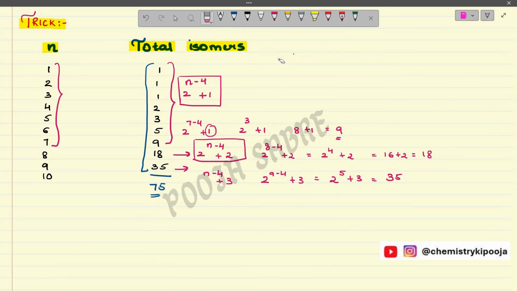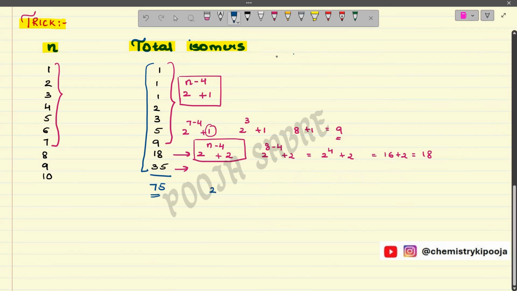Now there is one more formula for decane we can use. The formula is 2 raised to n minus 4, this is going to remain the same, plus 1. This is the same as the first one we have used. 2 raised to n minus 4 plus 1, and then you are going to add the n value. So this will be 10 minus 4 is 6, plus 1 plus 10.